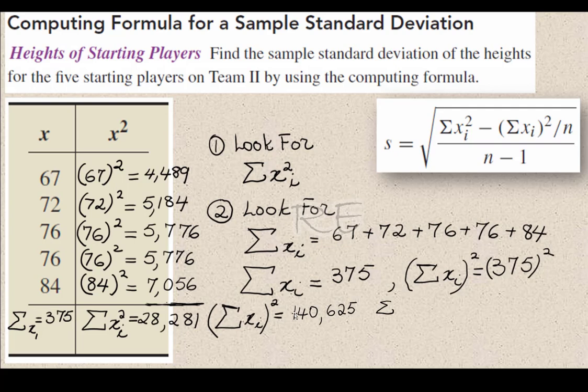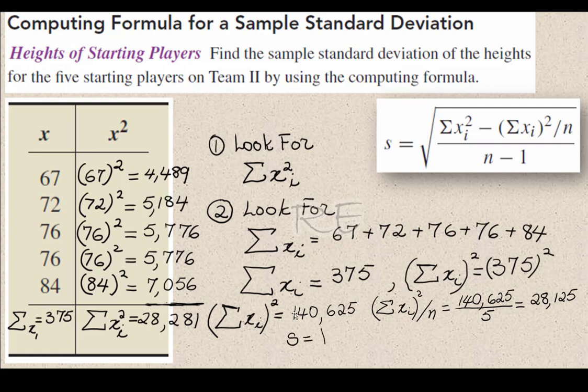Now the square of the sum divided by n will be equal to 140,625 divided by 5, which is 28,125.